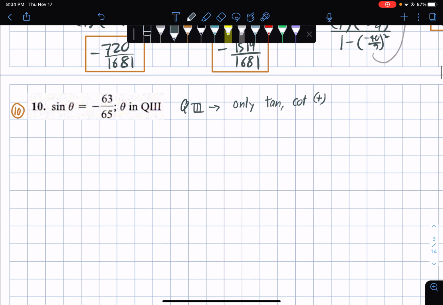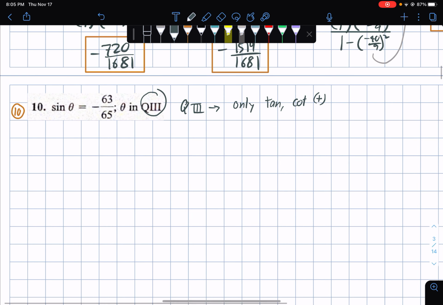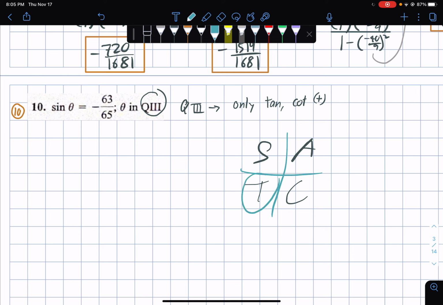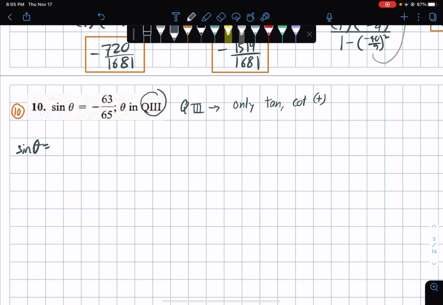Number 10. This time we're in quadrant 3, so only tangent and cotangent are positive. Let's recall the SATC diagram. This is tangent, that's quadrant 3. Only tan and cotangent are positive. So we have sine theta, which is negative 63 over 65, which is equal to O over H. Adjacent is equal to the square root of 65 raised to 2 minus 63 raised to 2.